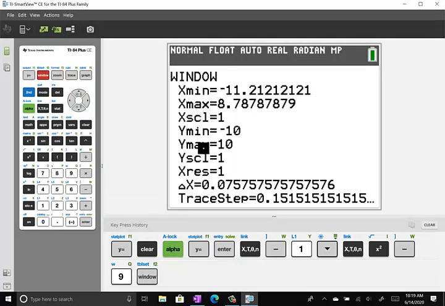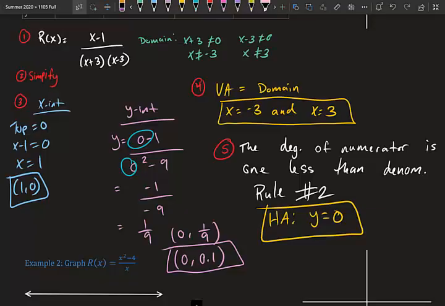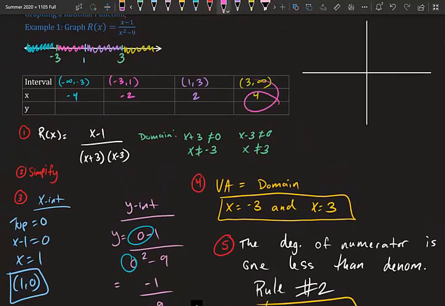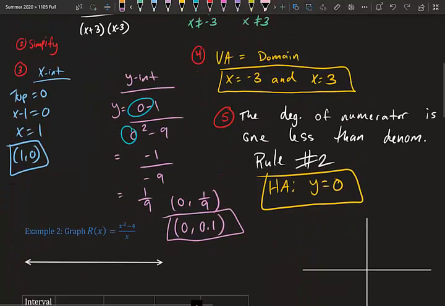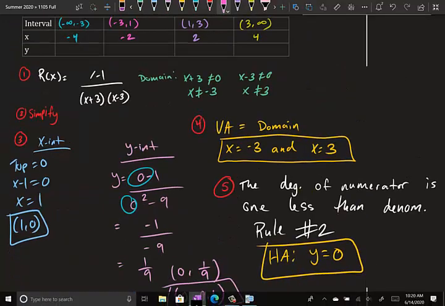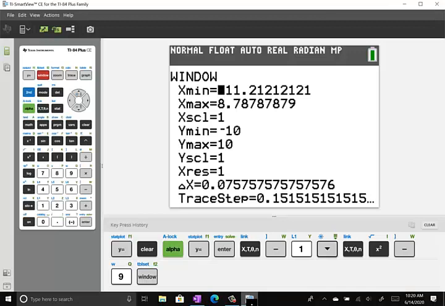Y min, y max, that's the range. Your numbers do not have to be this, as long as it goes up to 5, you're fine. Why 5? Because we have a 4.